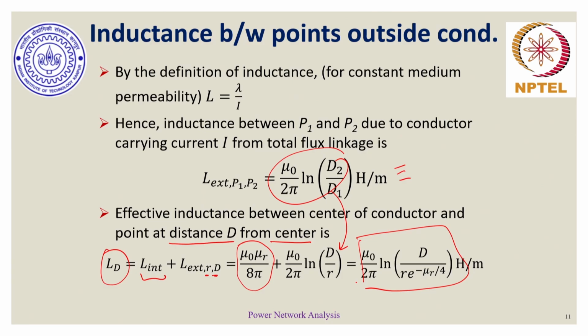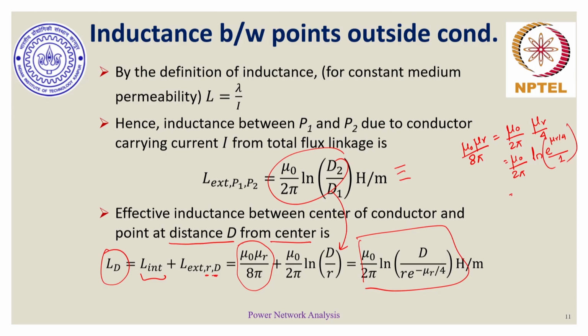Now how do I get this? It involves a little bit of a mathematical reorientation. So mu naught into mu r by 8 pi can also be rewritten as mu naught by 2 pi into mu r by 4, which is also equal to mu naught by 2 pi natural log of e to the power mu r by 4 divided by 1.